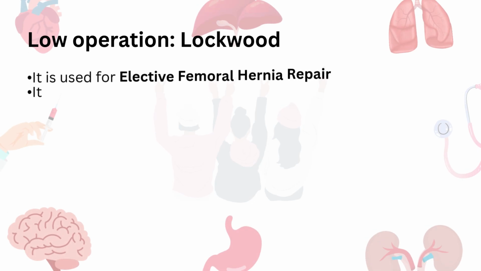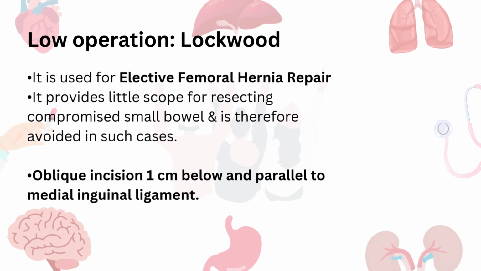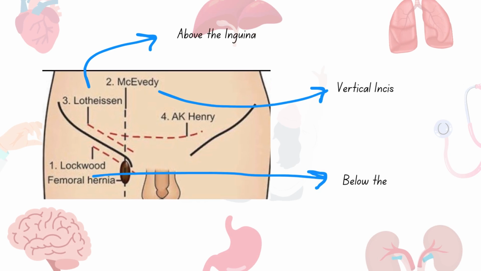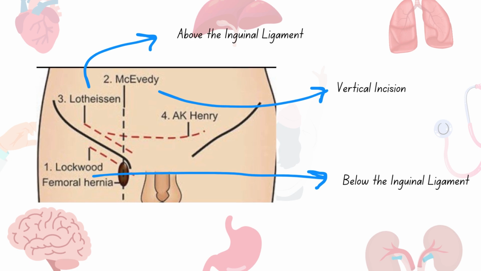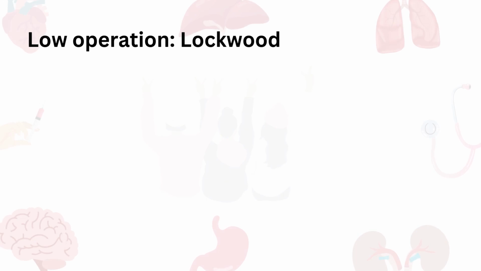The first operation for the treatment of the femoral hernia was the Lockwood operation. The Lockwood operation is used for elective femoral hernia repair. It provides little scope for resecting the compromised small bowel and is therefore avoided in such cases. Whenever there is an emergency case, you would not do the Lockwood operation because it doesn't allow you to resect the compromised small bowel.